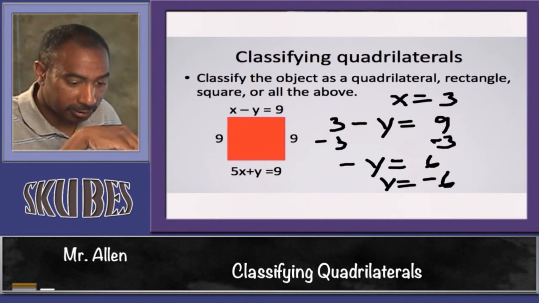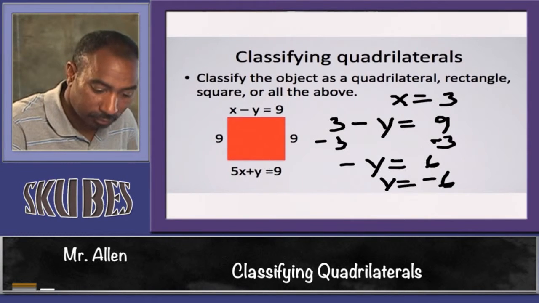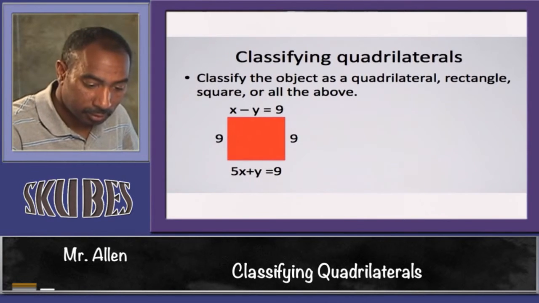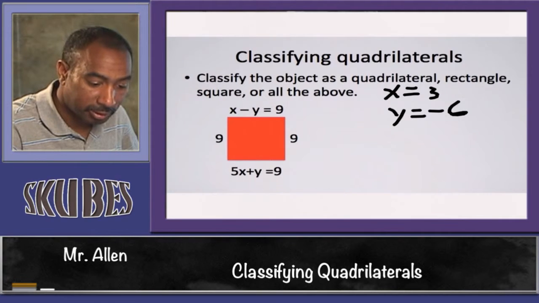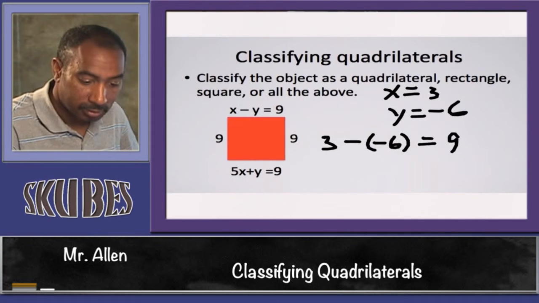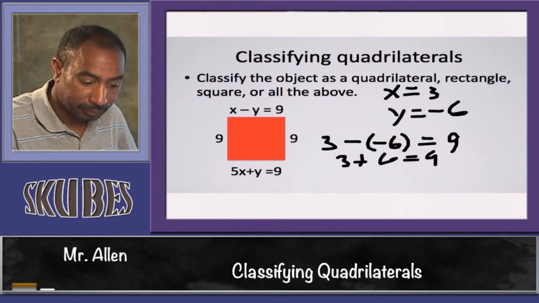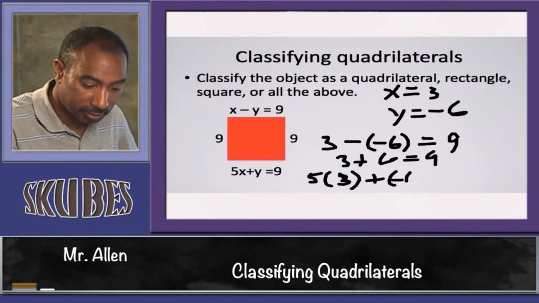All right, so let's plug it in. Let's see if it makes sense. So x is 3 and y is negative 6. So let's look at the top equation. I get 3 minus a negative 6. That does equal 9, right? I get 3 plus 6, that's 9. Then I get 5 times 3 plus a negative 6.